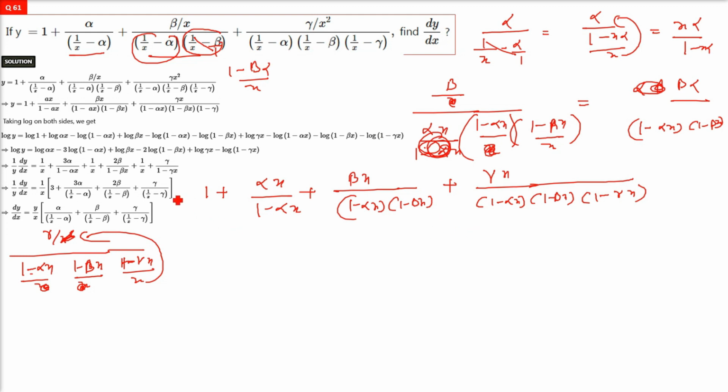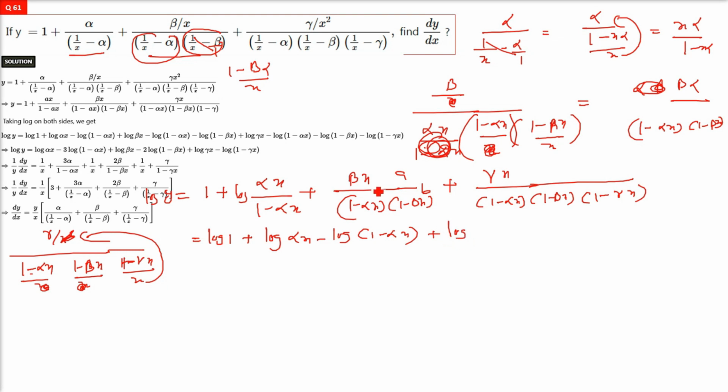We have just simplified it up till now. We've done nothing. Now we have to take log. So log 1 is 0, so you can get rid of this one, because there are 2 things which you have to remember. Log a by b is log a minus log b, and log a into b is log a plus log b. So I'm writing log αx minus log (1 minus αx) here. Here also, again a by b form.